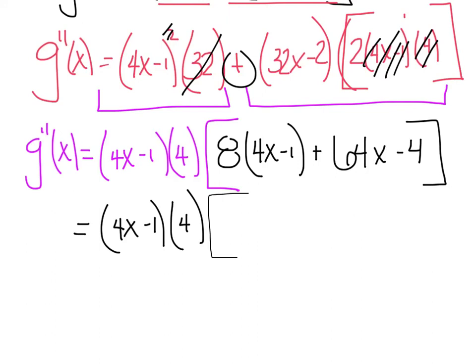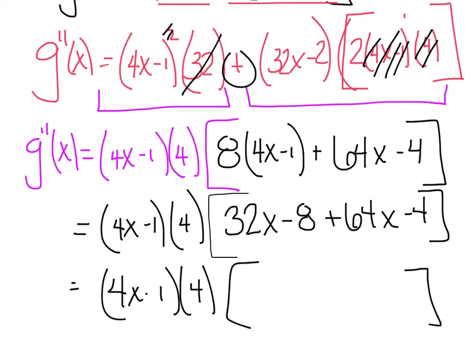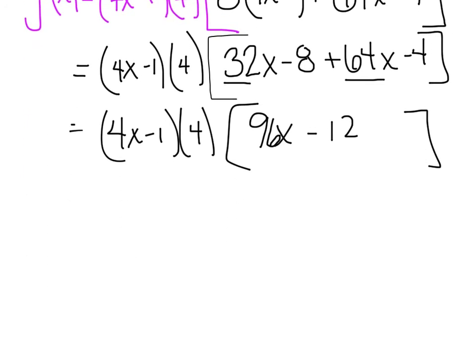And then inside here, 8 times 4 is 32x minus 8 plus 64x minus 4. Still chugging, 4x minus 1 times 4. 32 and 64 make 96x minus 12.